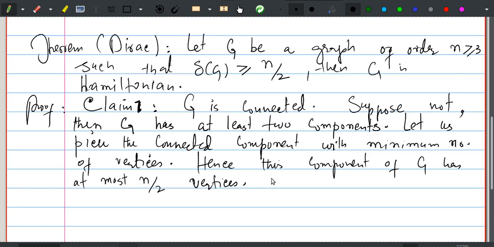Now we know that if G is a graph on n vertices, then the maximum degree of a vertex cannot exceed n minus 1. So in this component, which has the minimum number of vertices, the degree of a vertex cannot exceed n by 2 minus 1.